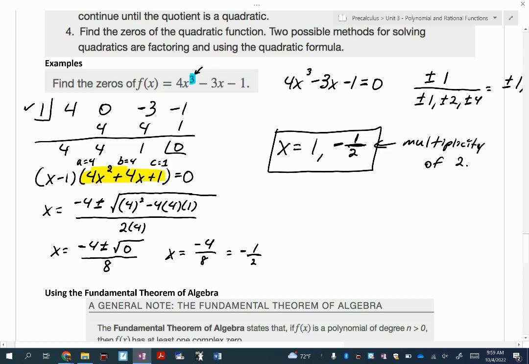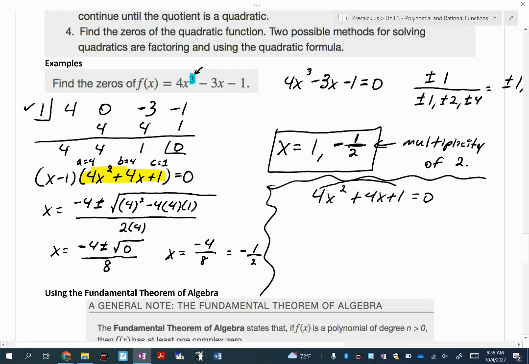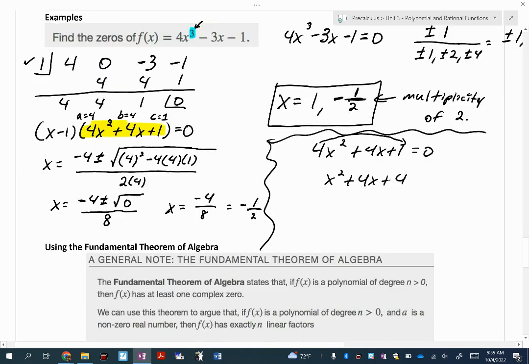And what I realized is I thought this was going to be like the last test, but really I should have used slide divide bottoms up here to factor this one. So move the 4 over. You get x squared plus 4x plus 4. Factors of 4 that add to 4 is 2, right? So x plus 2 squared, but I have to put it over 4.